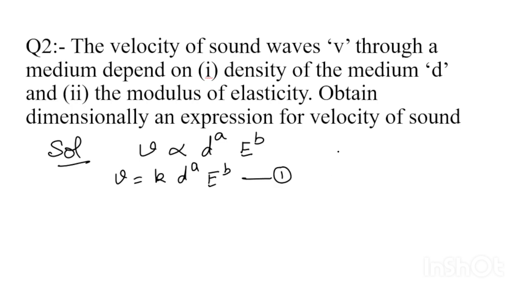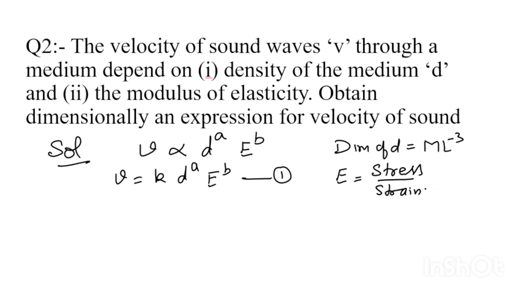Equation first. The dimension of density D is ML power minus 3, and the dimension of modulus of elasticity is equal to stress upon strain. The formula is stress upon strain. The dimension of stress is ML power minus 1 T power minus 2 and strain has no dimension.